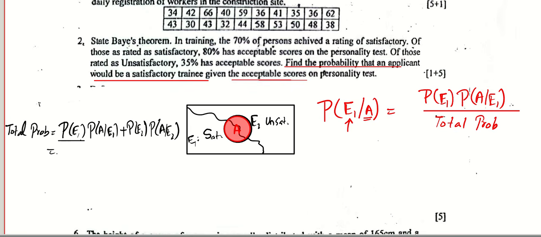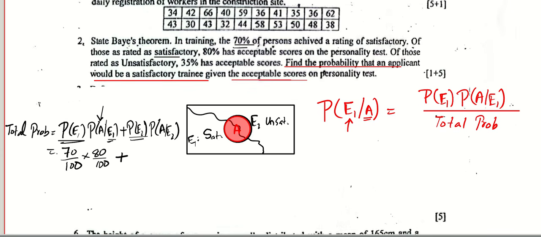So probability of E1 means the probability a candidate will be satisfactory. So how many? 70 out of 100. Now read this part. What is the probability the score will be acceptable, given that the candidate is satisfactory? 80%. So multiplied by 80 by 100.